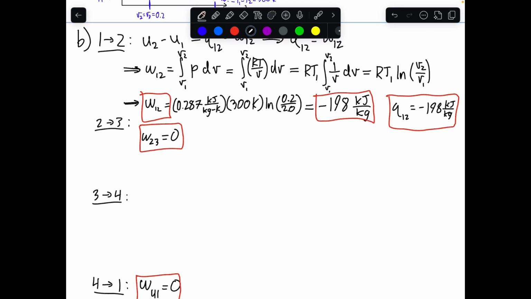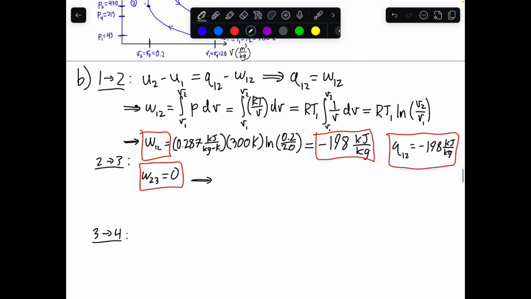And then we can just do our first law again to solve for heat transfer from 2 to 3. So writing this out again, we're using the same form of first law that we had here, but now we're doing it from 3 to 2 instead of from 1 to 2. So we are going to have U3 minus U2 should be equal to this heat transfer from 2 to 3 minus the work from 2 to 3.